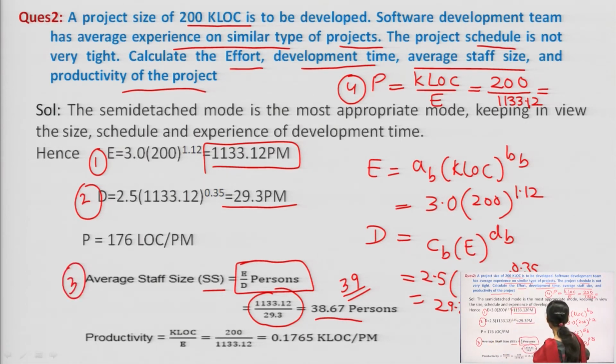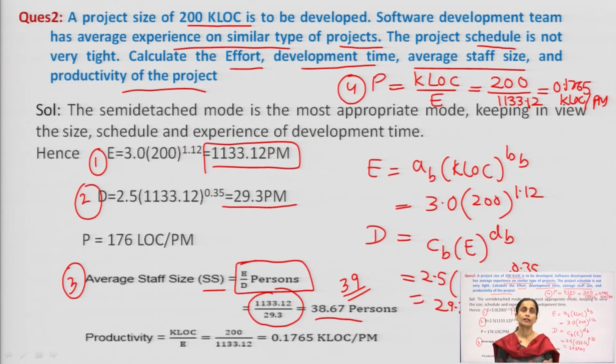So that comes out to be 0.1765 KLOC per person month, that is the fourth calculation. So here I have calculated four things.